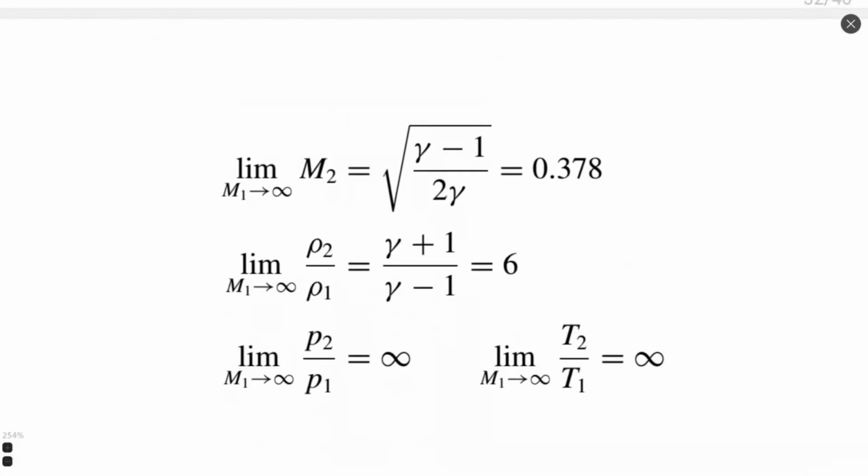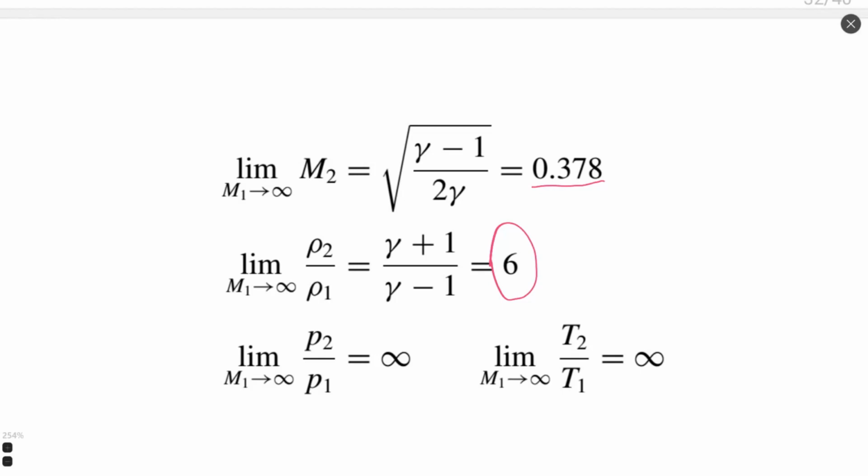So theoretically, Mach number can be reduced after the shock wave until this value here, 0.378. So we cannot have a Mach number after the shock wave smaller than this value. This is the limit. The same is true for density. The density limit is 6. So you can increase density when flow passes through the shock wave a maximum of 6 times.